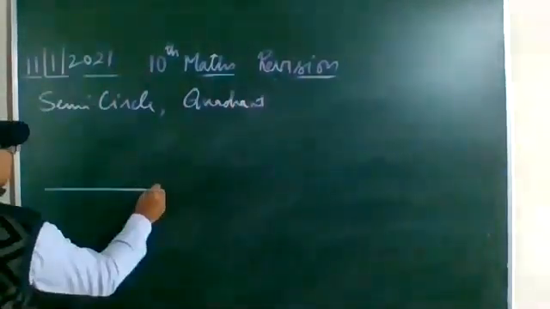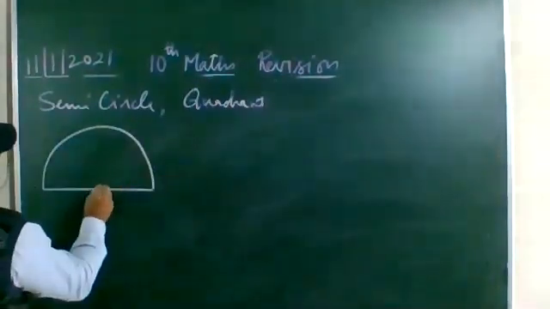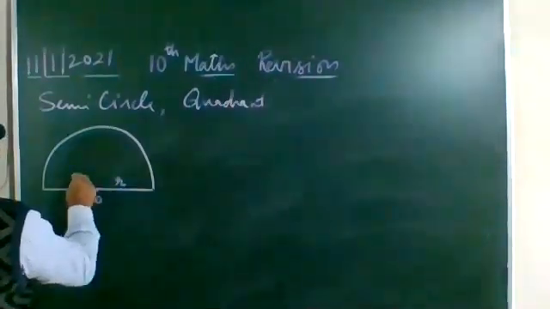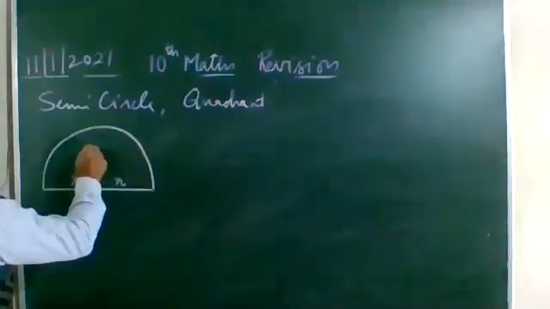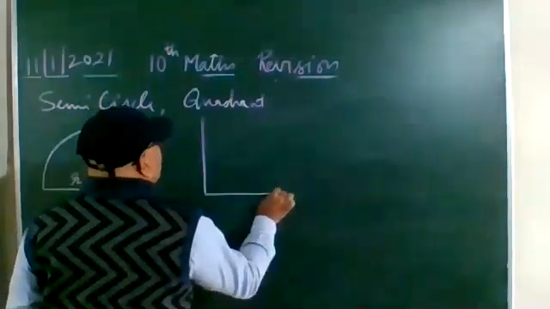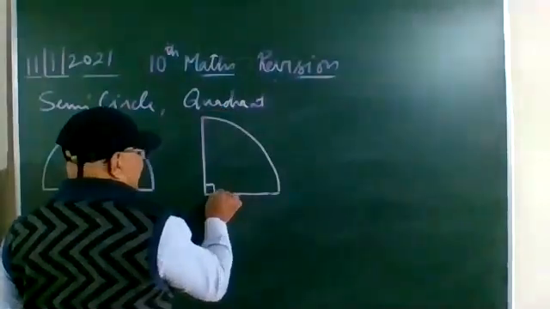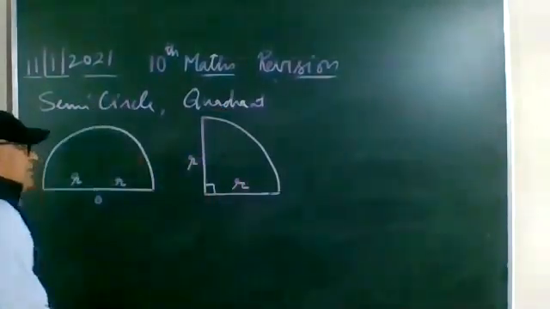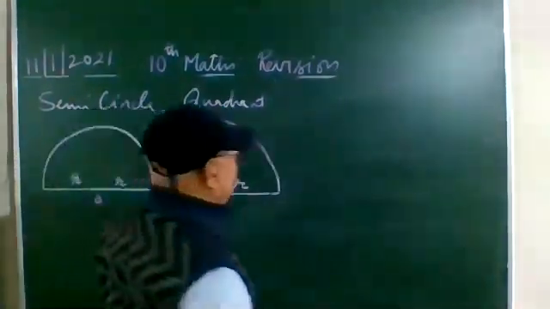When we talk about semicircle, this is the semicircle and this is center O. This is R. This is R. When we talk about quadrant, this is quadrant. This is 90. This is R and this is R. Now different types of questions may be there.